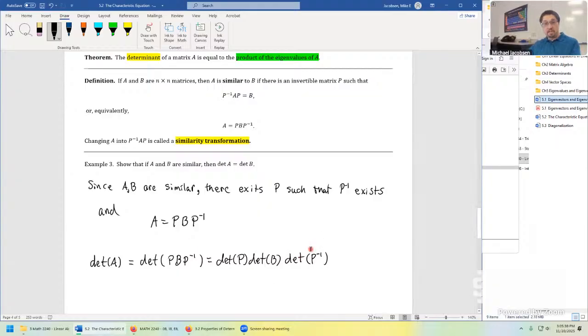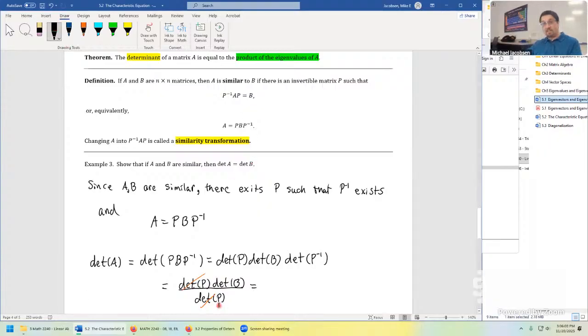But this P inverse can be just thrown down into the denominator. So this whole thing is now equal to determinant P times determinant B divided by determinant P, now just thrown into the denominator. We get a cancellation right out of the gate on that.